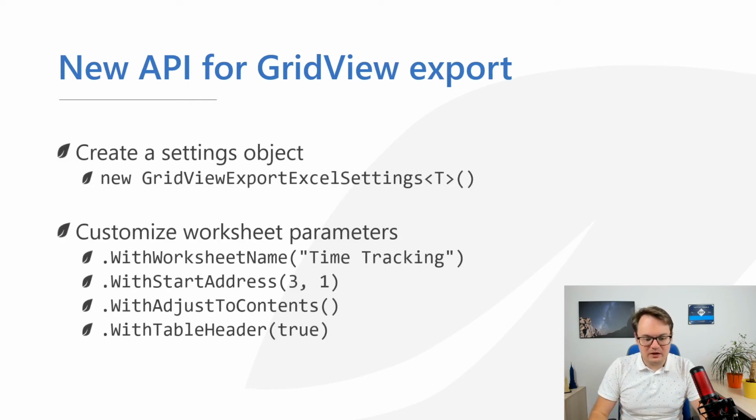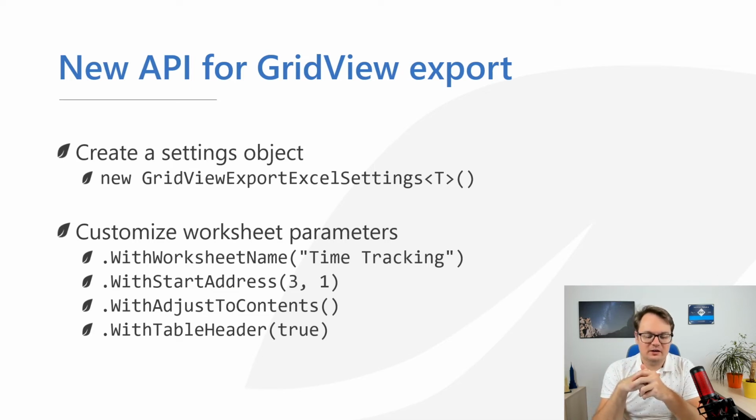So for example, you will create a new object, GridViewExcelExportSettings, and you have some fluent API methods. You can rename the worksheet that will be exported. You can tell it not to start the table in the top left corner, but to leave 2 empty lines or 2 empty columns, because you want to place some of your own content, for example the logo there.